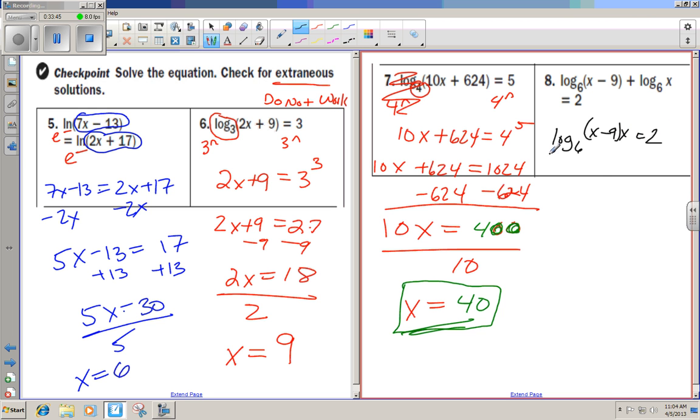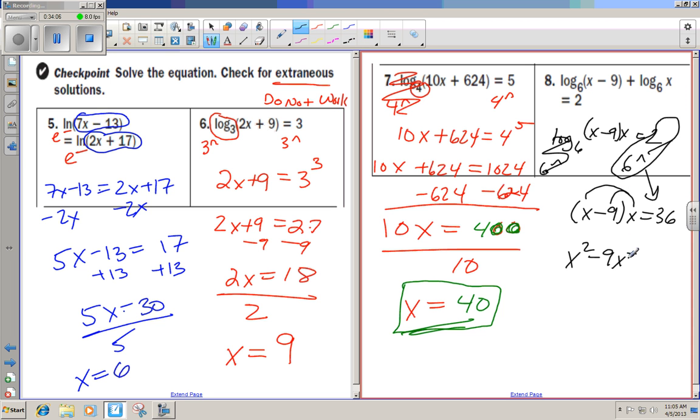And now you can actually get rid of the logarithm. X minus 9 times x equals 36. This right here is 36. Distribute. Minus 36 from both sides.